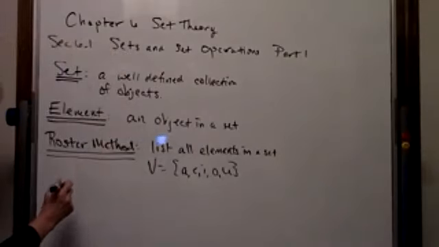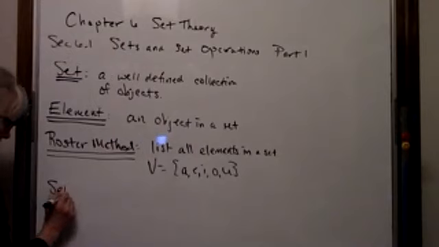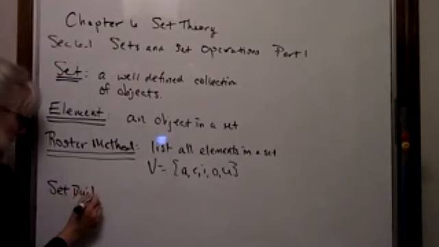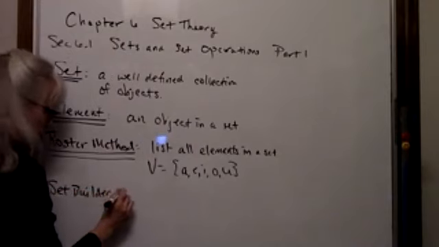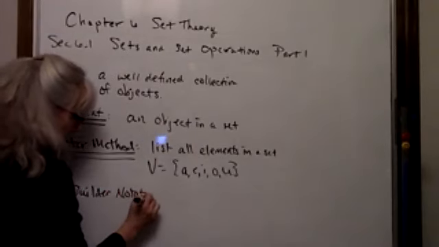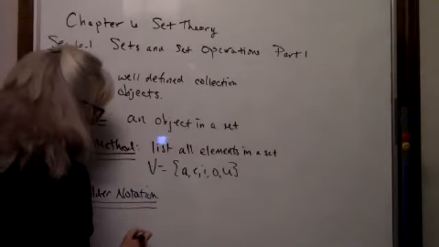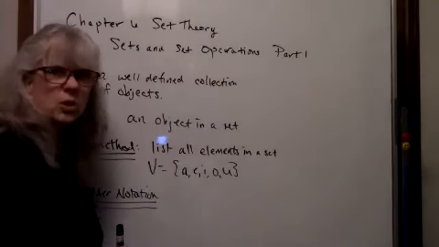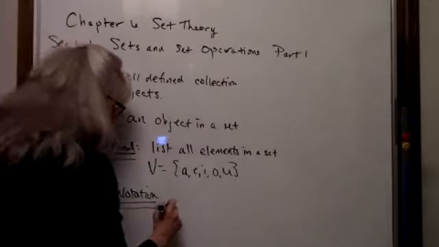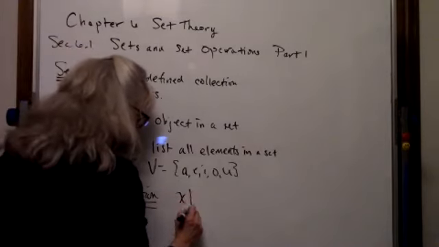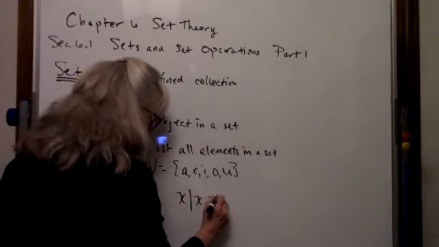Another way of doing it, though, is using set builder notation. This is traditionally used more in an algebra class than our course. So for instance, if I'm talking about all the numbers that are greater than or equal to 1, we could list that as the set of x such that x is greater than or equal to 1.